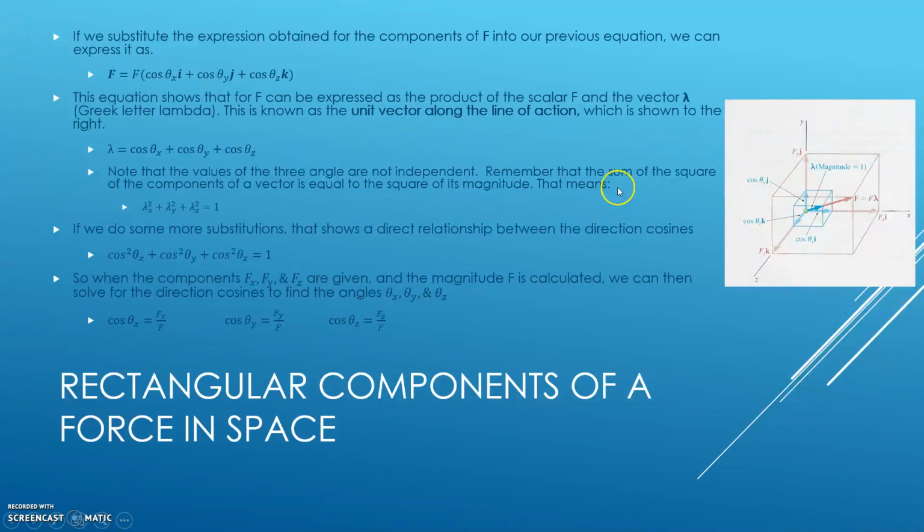Remember that the sum of the squares of the components of a vector is equal to the square of its magnitude. So if we took the x component, the y component, and the z component of lambda and added their squares together, they're going to equal 1.